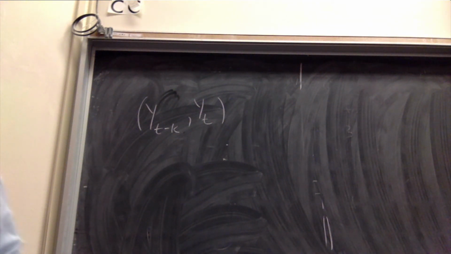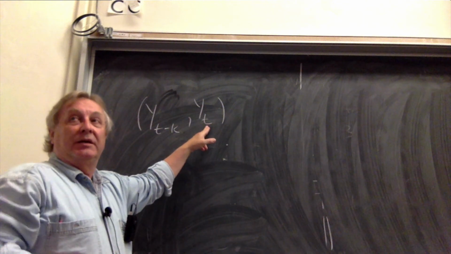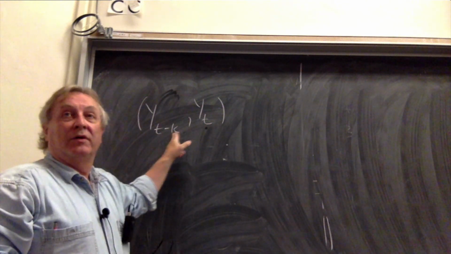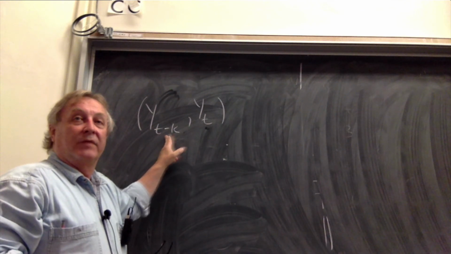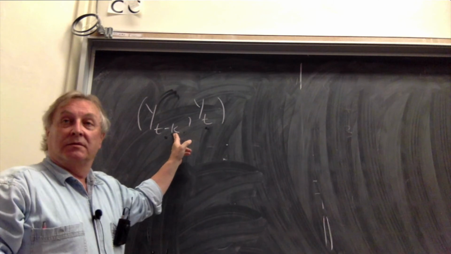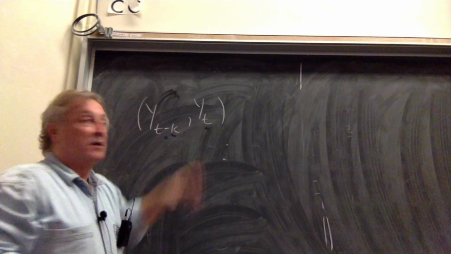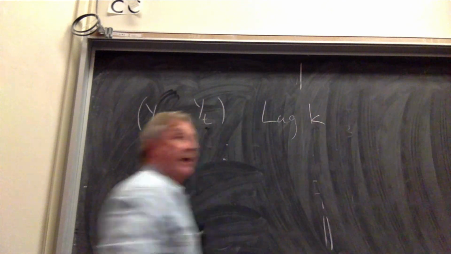This assumes we've got a regularly spaced time series, right? So if this is t and k is 12, this is the previous year's value. If k equals 1, it's the previous month for this data. So this is a lag of size k.